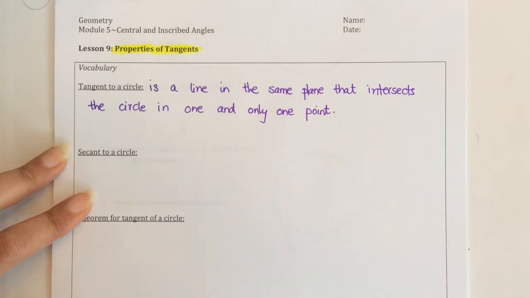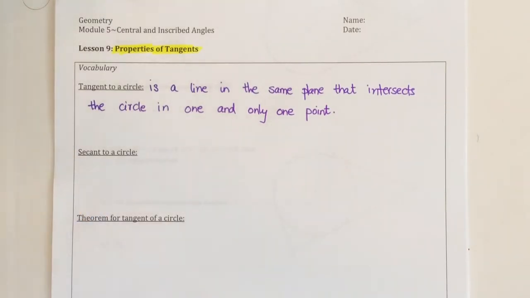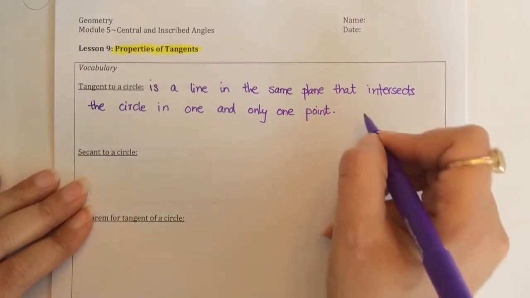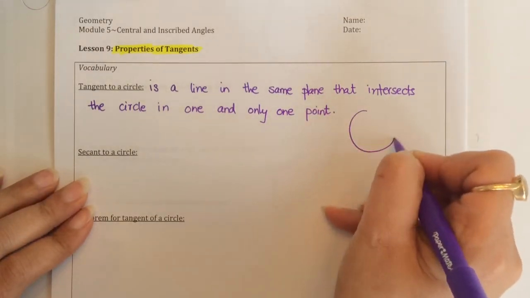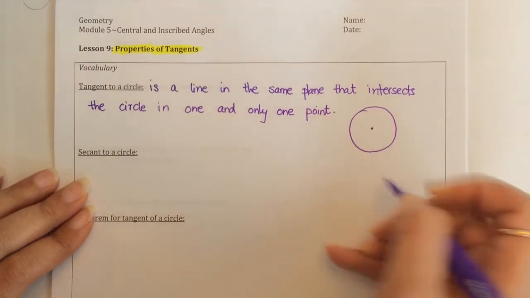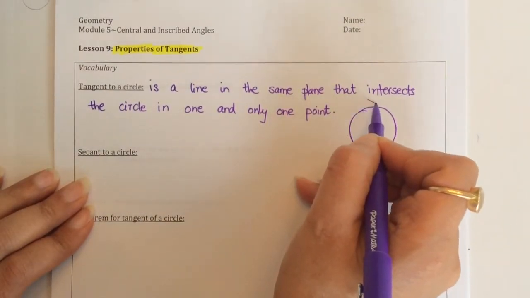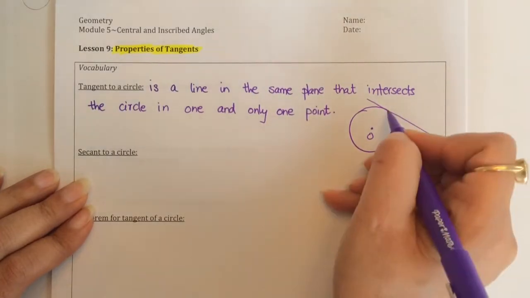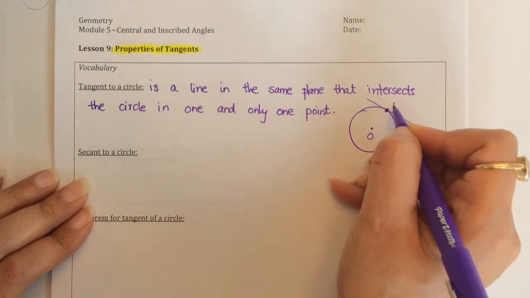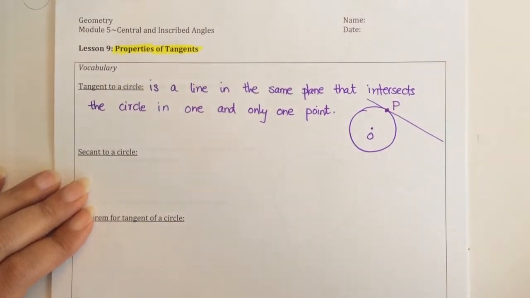So it's important for us to understand that a tangent is a line that is completely outside of the circle and touches the circle in one and exactly one point. So it looks something like this: here is a circle with center O. A tangent is a line that is going to touch my circle at exactly one point P.